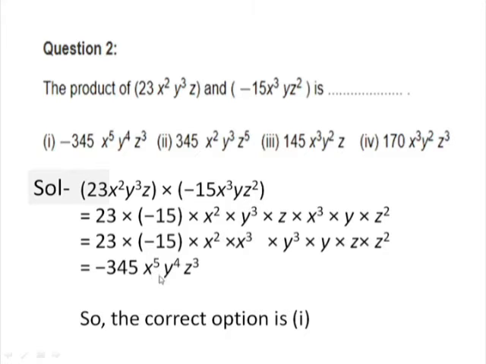The same rule we are applying here. Now here x square into x cube is x raised to 5. The base is same, so we will add the index. Similarly, we will do here with y cube, y, z and z square. So now children, if you look at the options, the first option is negative 345, x raised to 5, y raised to 4, z cube. This is the correct answer. Hence, the correct option is option number 1.